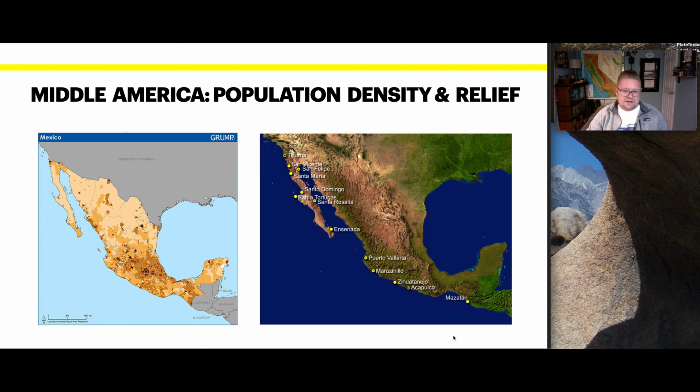But we do see that there are populations that live on either side. We find that most of your population lives in this area here on the Caribbean side, and we'll talk a little bit more about that as well. Obviously, we can see the peninsula that's here as part of Baja California. But again, take into consideration population density, also the topography, and we'll talk a little bit more about how you can make correlations within that.